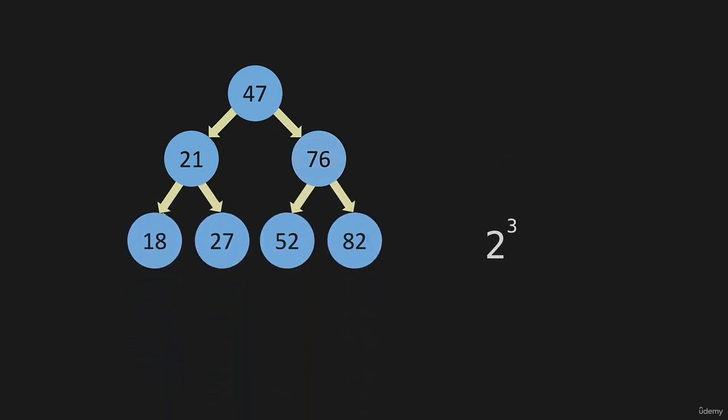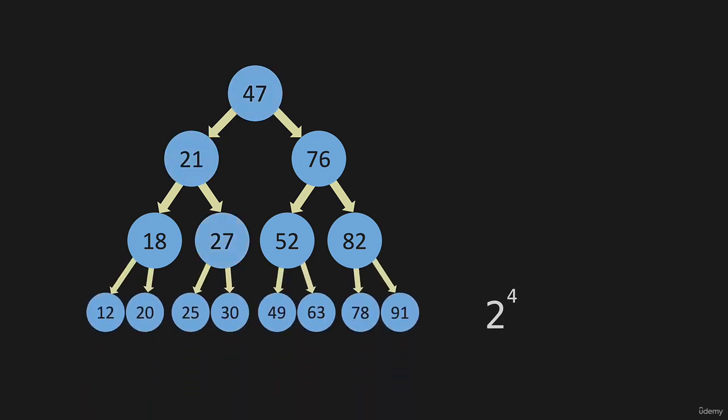Let's say we're going to look for the number 27. It is 2, 3 steps. And if we were going to look for the number 49 in this case, it would be 2, 3, 4 steps. We have 2 to the 4 nodes, and it took 4 steps. So it's 4 steps to find something.